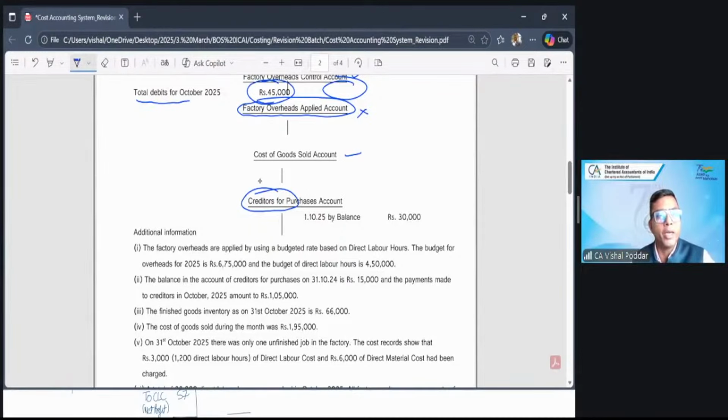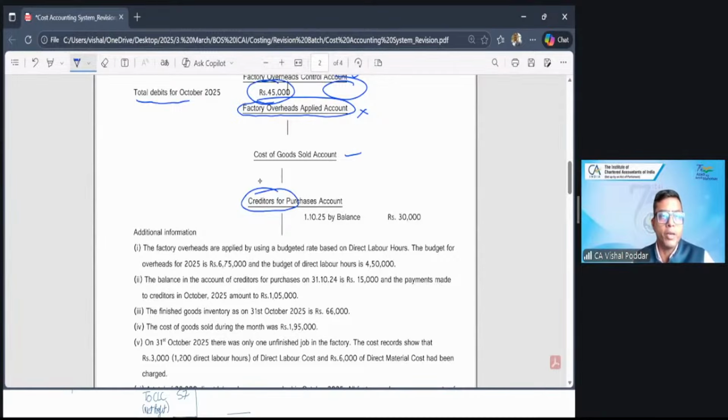But if it is integrated, you will have a separate account for all assets and liabilities. So here if the creditors account is given, indirectly we can understand that this sum is integrated.